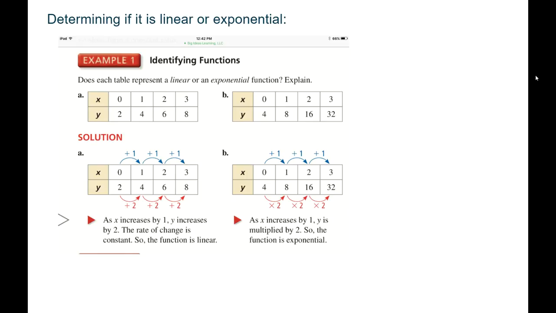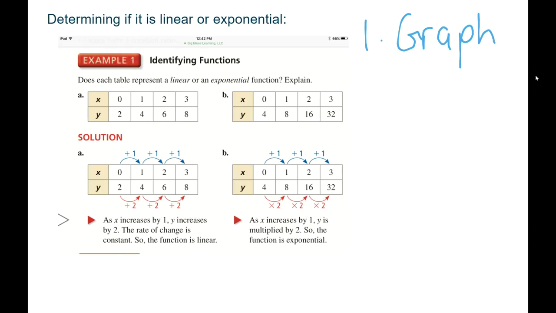It says, does each table represent a linear function or an exponential function? Explain. Well, the first thing you could do is graph it and see, does it make a line? If it makes a line, you know it's linear. If it doesn't make a line, then it's probably going to be exponential so far. There are other kinds, but exponential is the next one that we have.